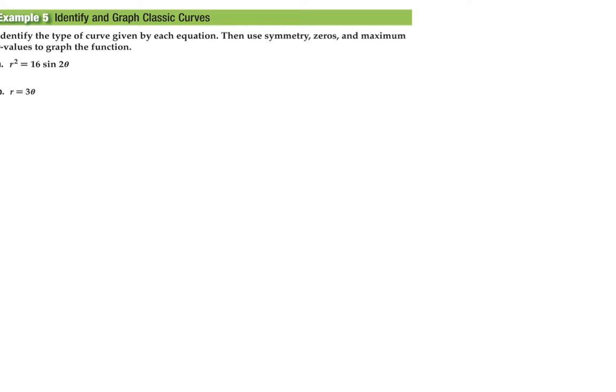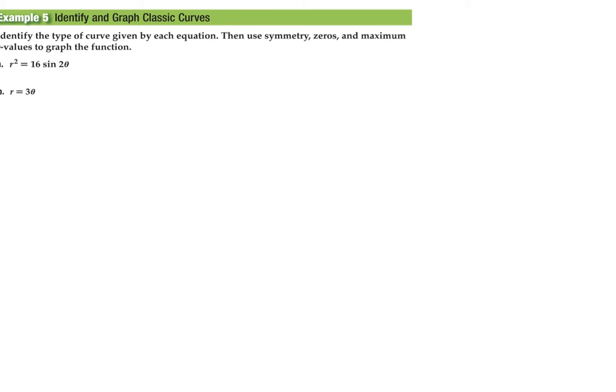It says identify the type of curve given by each equation, then use symmetry, zeros, and maximum r values to graph the function. So this is r squared equals 16 sine 2 theta. Make sure to go back and look at those special types of polar graphs.